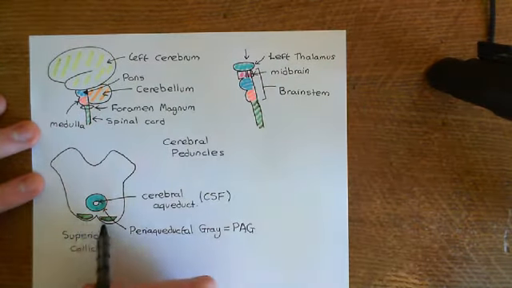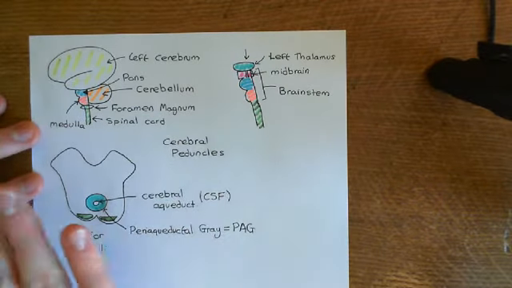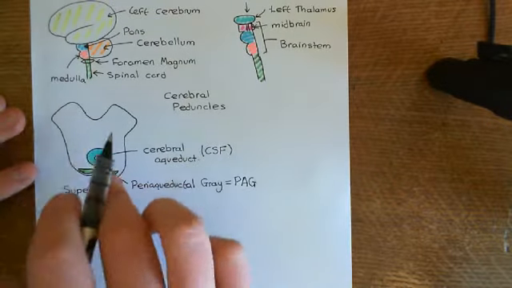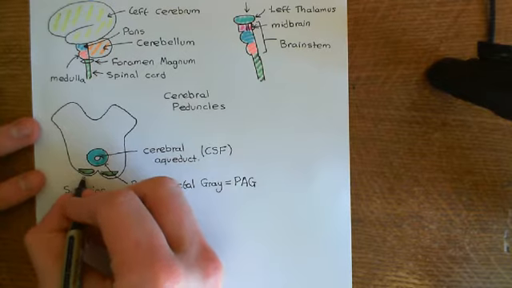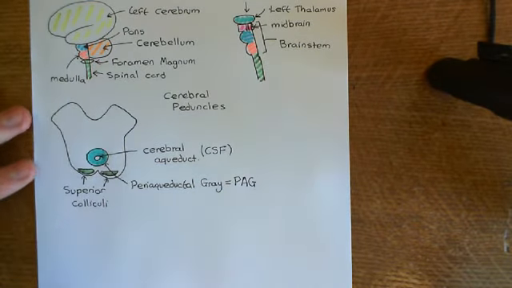We can't see those on this picture here because they are on a different plane. You'd have to look at the transverse section of the lower midbrain, whereas we're viewing at the top. But here are the two superior colliculi, the left superior colliculus and the right superior colliculus.